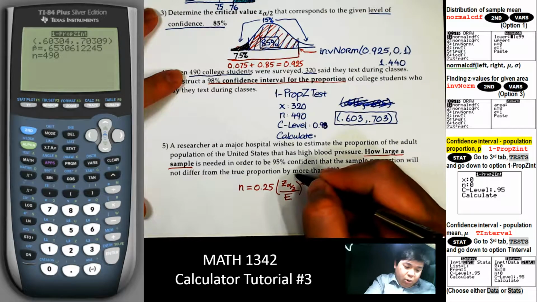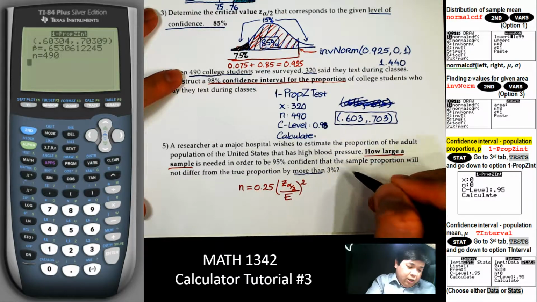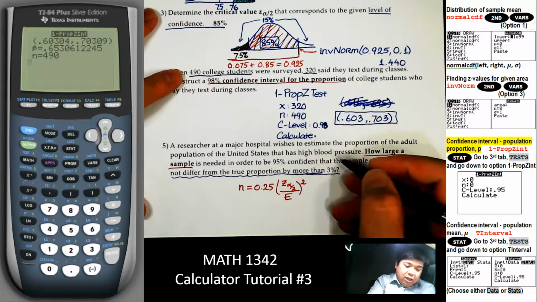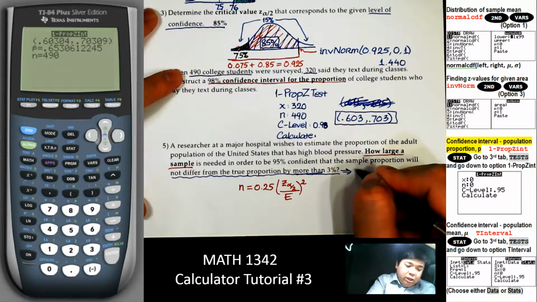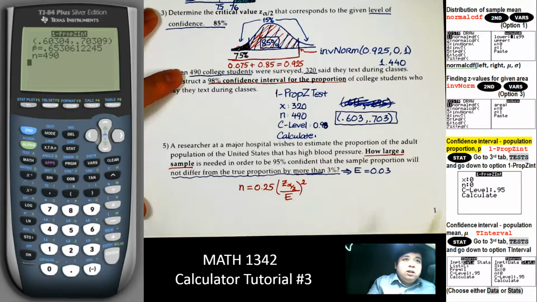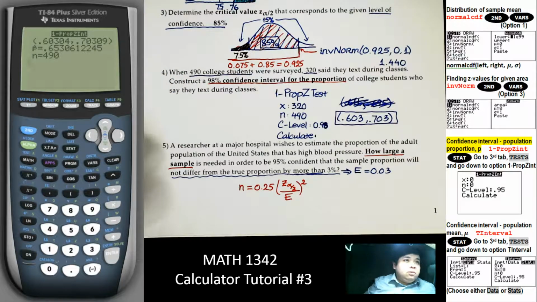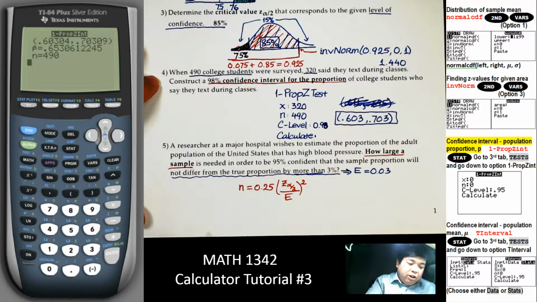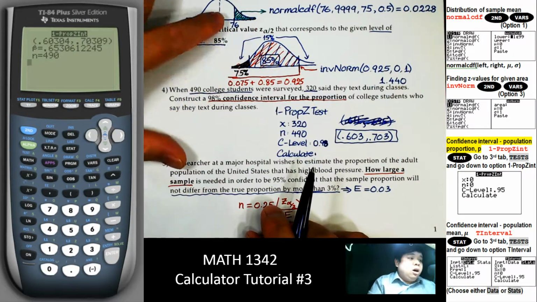So we know the error should not differ more than 3%, so we want the error to be 0.03. And we have a 95% confidence interval, which will give us the z. So we did the same thing as we did for that problem.